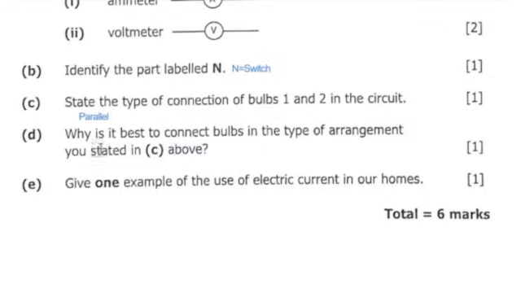Okay, why is it best to connect bulbs in the type of arrangement you stated above? So why is it good to connect bulbs in parallel?